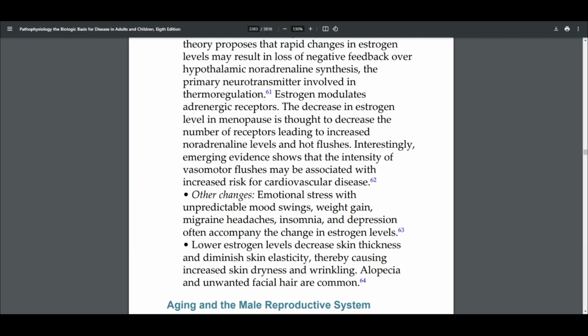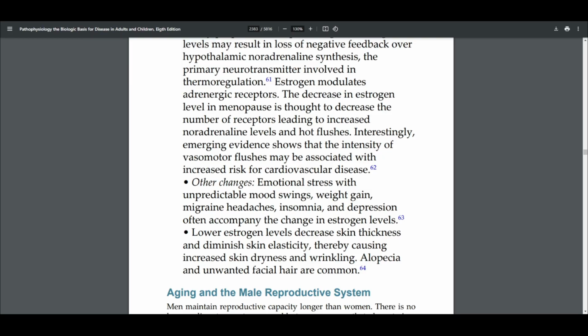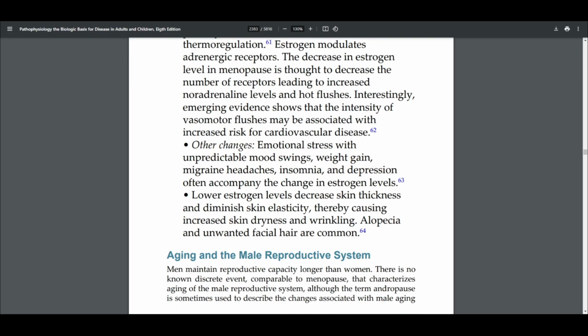The decrease in estrogen level in menopause is thought to decrease the number of receptors, leading to increased noradrenaline levels and hot flushes. Interestingly, emerging evidence shows that the intensity of vasomotor flushes may be associated with increased risk for cardiovascular disease.